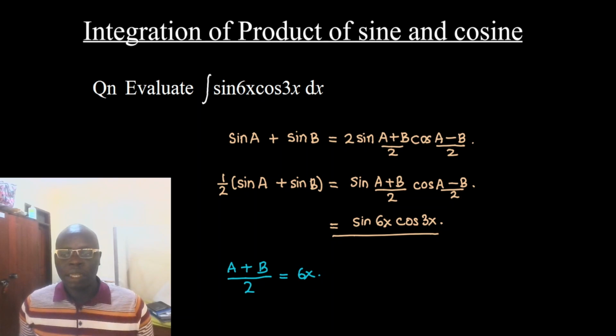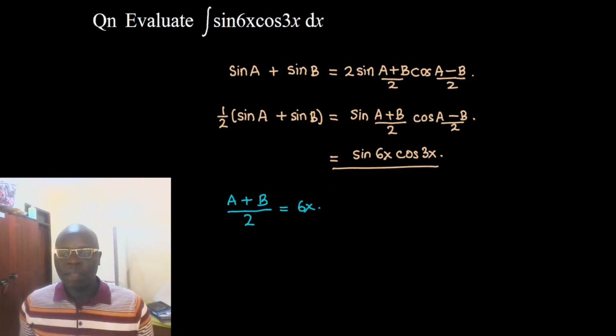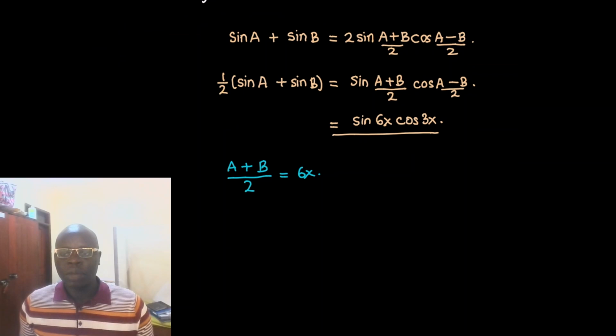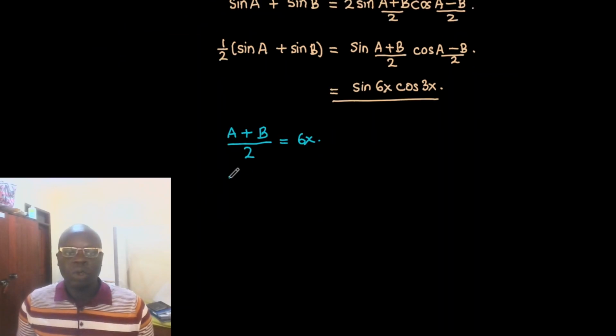Now we can get rid of this denominator by multiplying this equation by 2. So we have A plus B equals 12x. So let's call this one equation number 1.